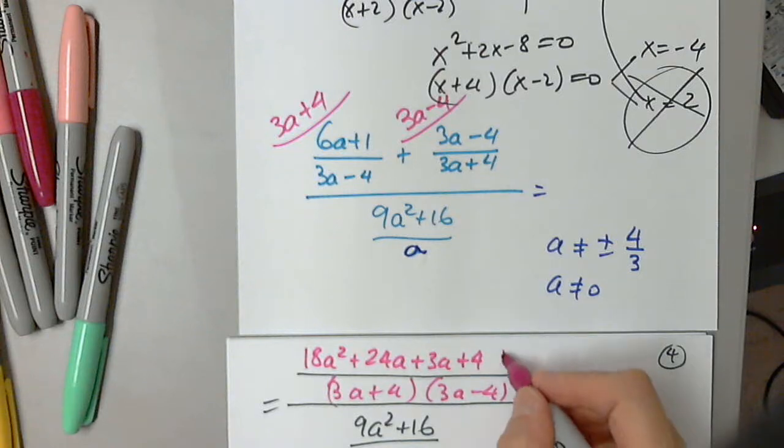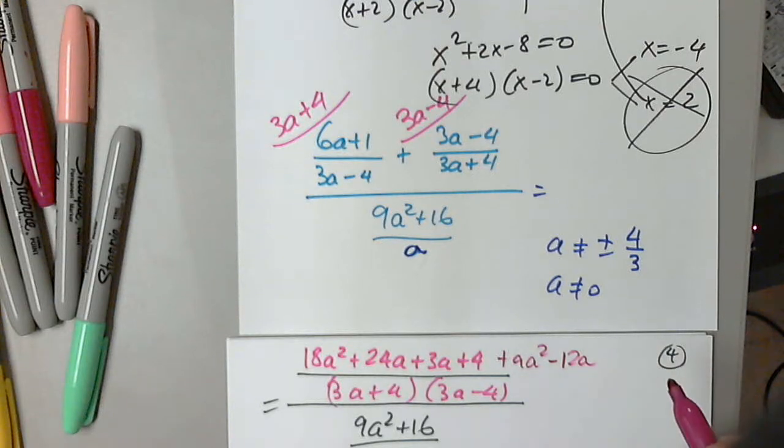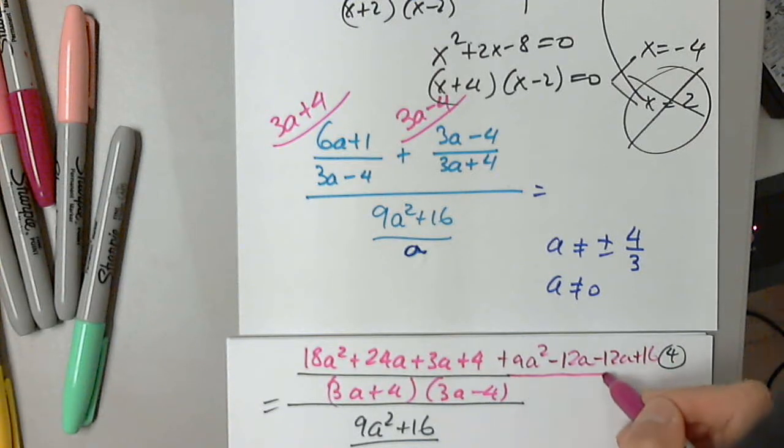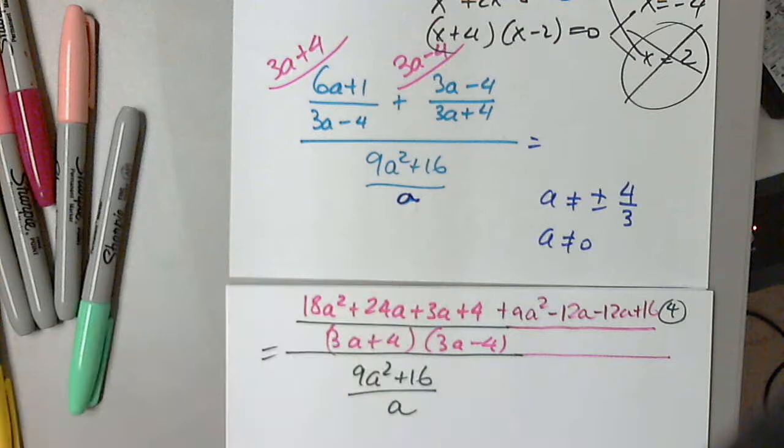And then plus 9a squared minus 12a, minus 12a and plus 16. Let's see if we can get rid of anything.